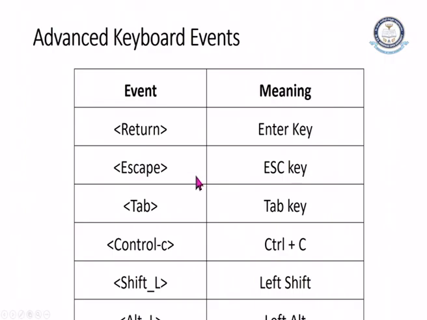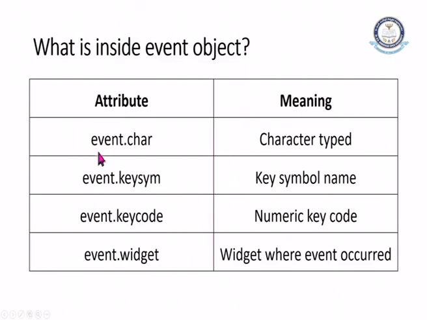The attributes event.char, event.keysym, event.keycode, event.widget help you identify which character is typed or pressed, and what the key symbol name for that key is, and the numeric code, meaning the ASCII value.